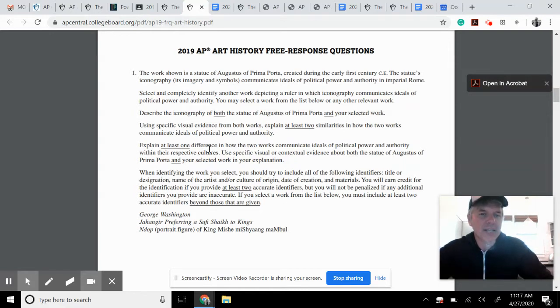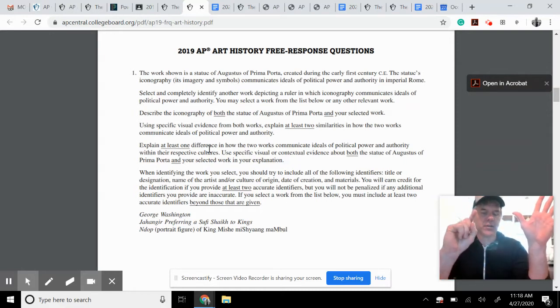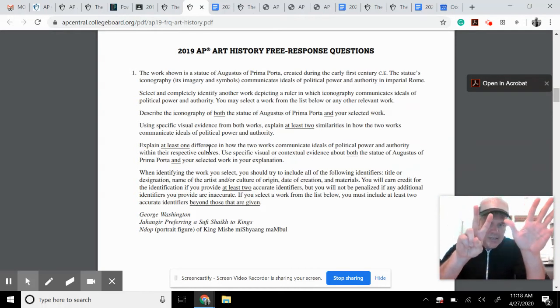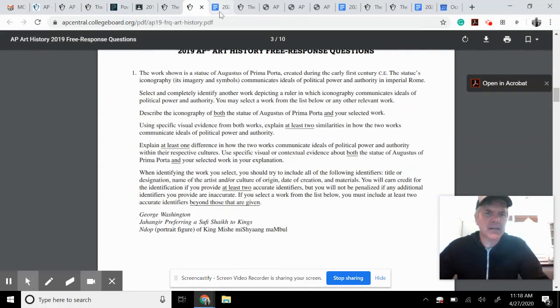So this one is saying 1 difference in how they communicate ideals of political power and authority within their respective cultures. If we're at 5 before, we're now looking at 1 difference. But in order to talk about that 1 difference, you have to talk about both pieces. So the question is, will this be 7 points? Will it be 8 points? Let's just see how they say we do it.